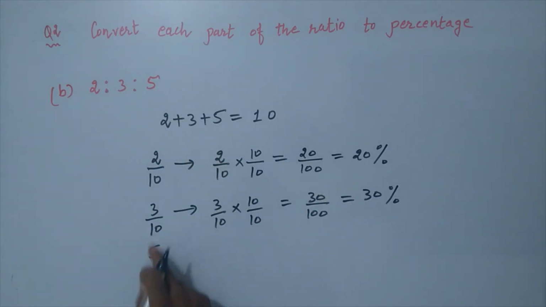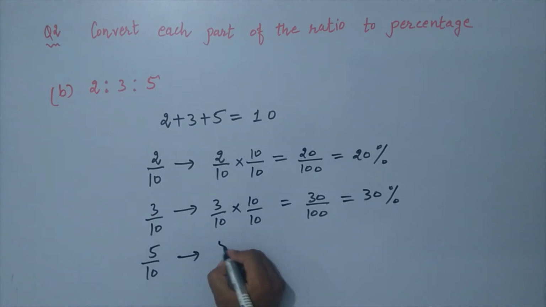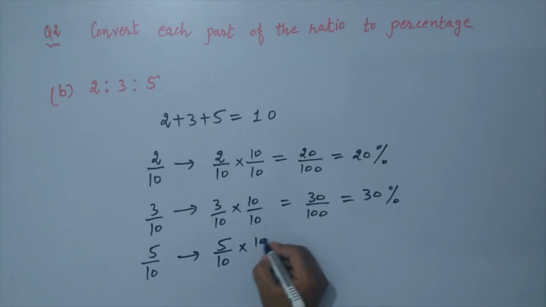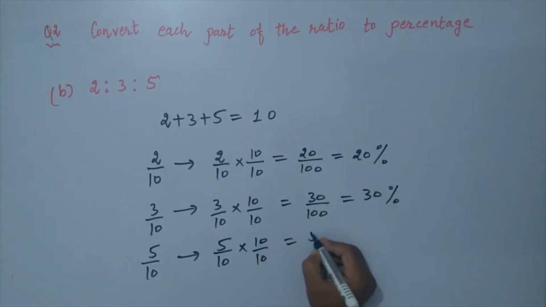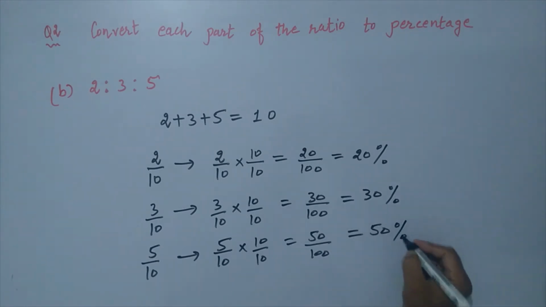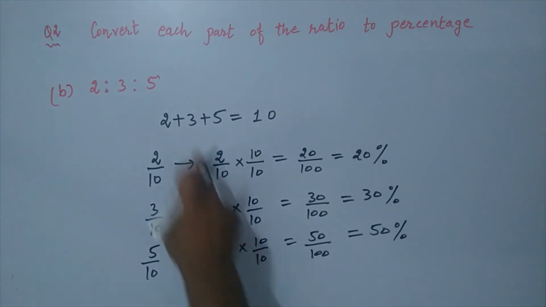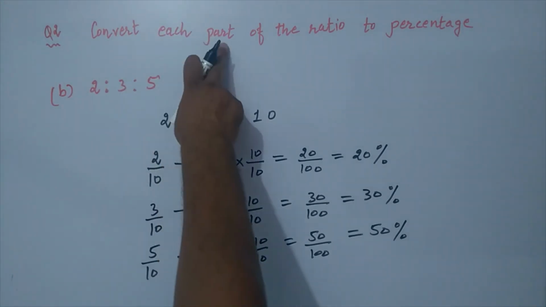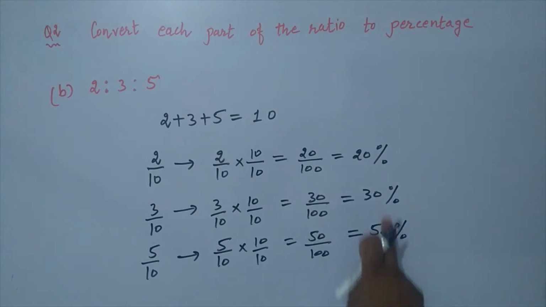We write 5 upon 10, which is equal to 5 upon 10 into 10 upon 10, which is 50 upon 100, equal to 50%. So this way we have converted each part to percentage: 20%, 30%, 50%.